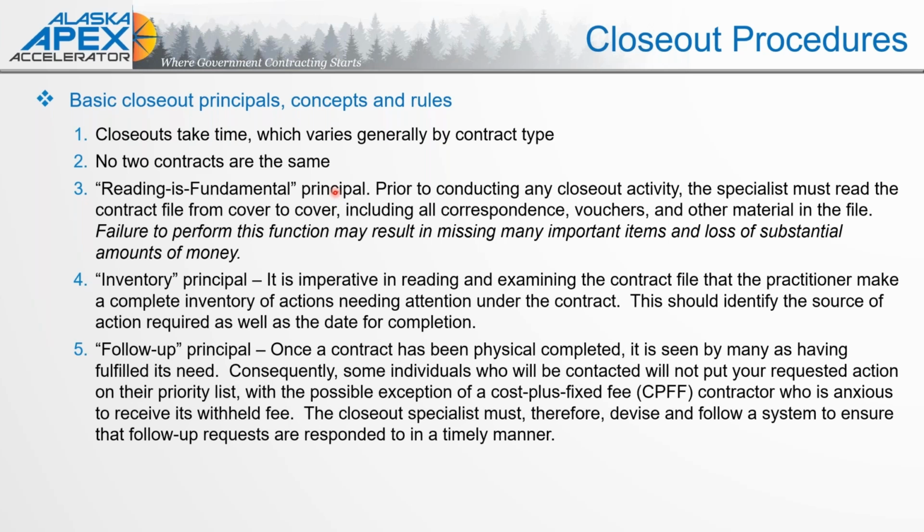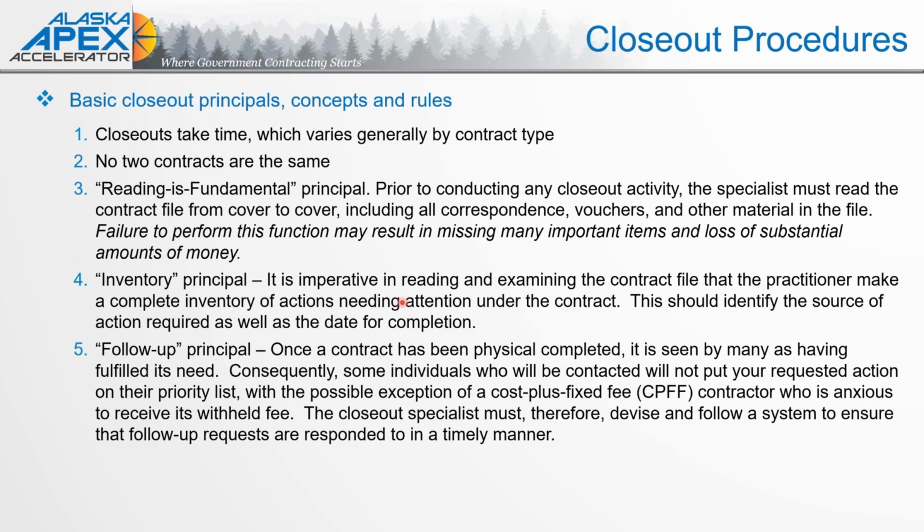So for you as a contract administrator or the office manager, the individual that's looking at whether this contract is fully closed out, having that final review. And again, what we're looking for is, have all costs and everything that's been required in the contract truly been completed and done? That inventory principle, going through, and again, is all of the documentation in place?